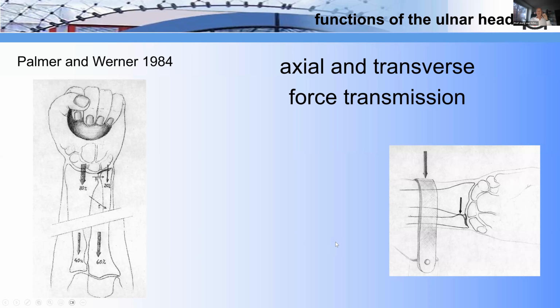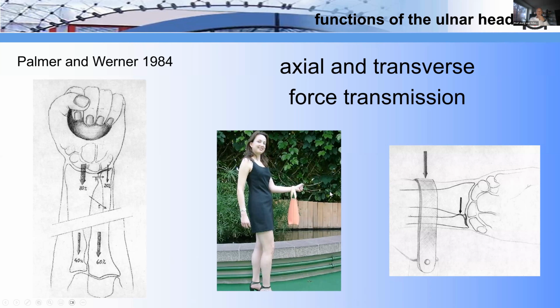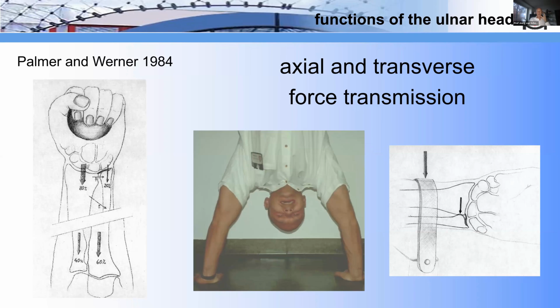We have a transverse force transmission if we load our wrist or put something on the radius, because then we have the direct force onto the ulnar head. We hardly ever have that situation in a very difficult and heavy way, and in the axial direction we usually don't walk on our hands, so even the axial force transmission we rarely have in that way.